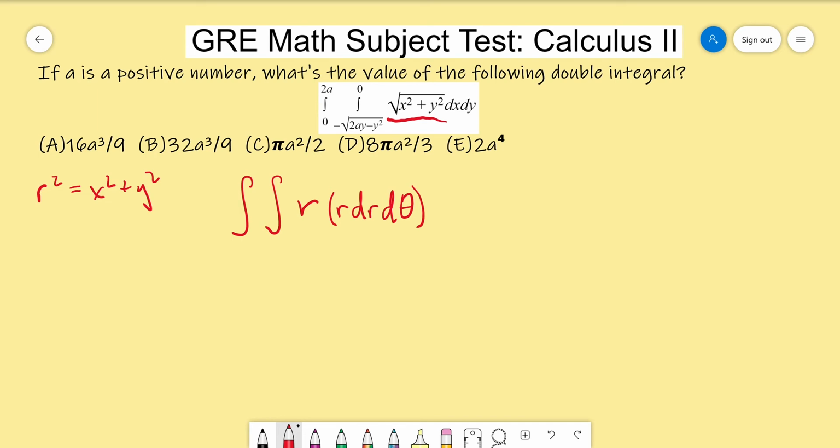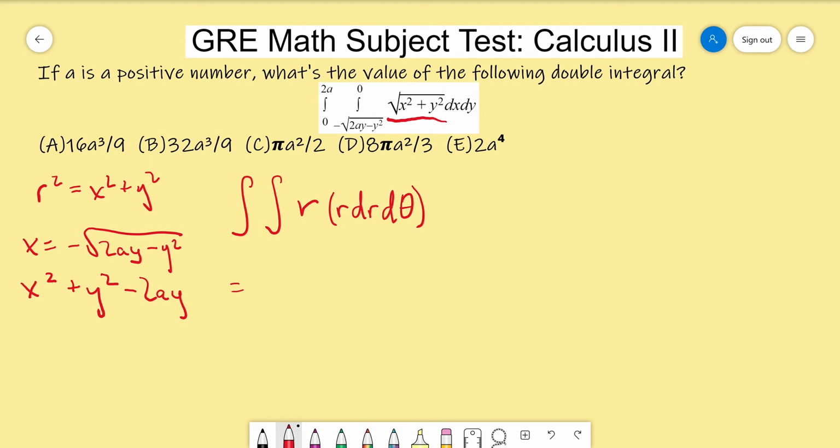Okay, and we have to figure out what our limits are going to be for r and for theta. So let's try to draw what the area that we're integrating over is. If we look at x equals negative square root of 2ay minus y squared, well, if we square both sides and then add y squared, we'll get x squared plus y squared minus 2ay equals 0.